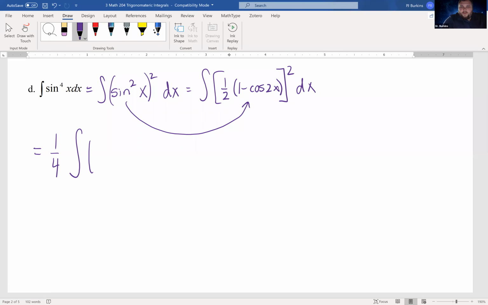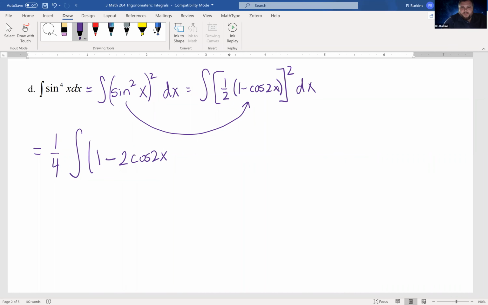Then I have 1 squared. Squaring the binomial, you take the sign in the middle, multiply 1 by cosine 2x. That's cosine 2x, and you would get 2 of those, right? So it's always 2 times the a term times the b term.